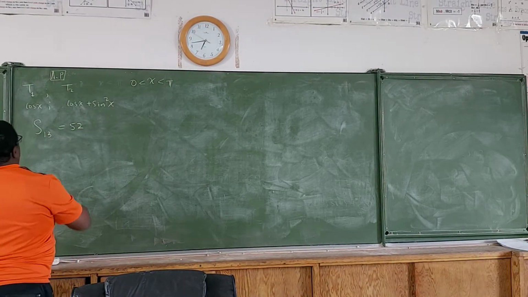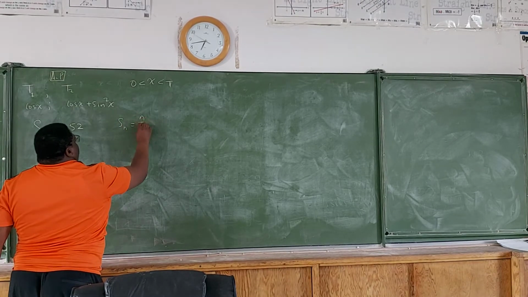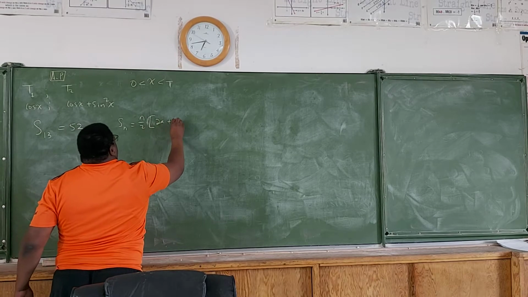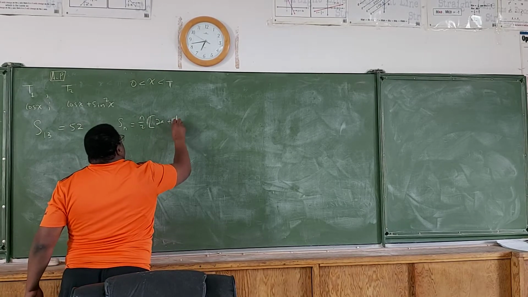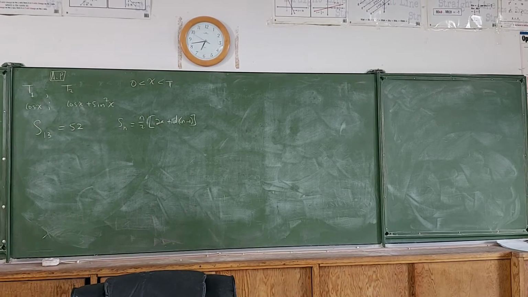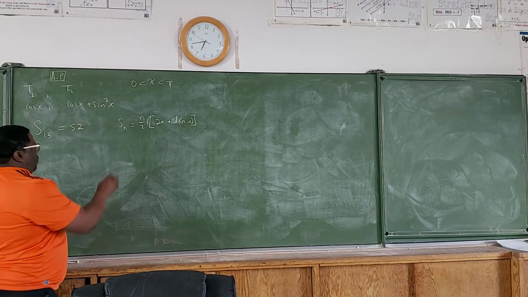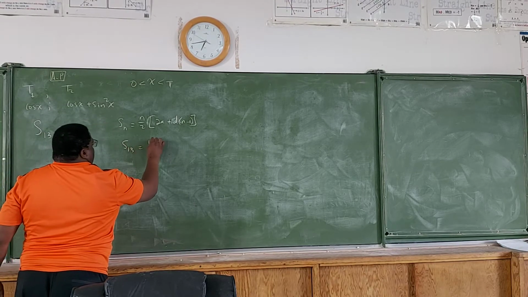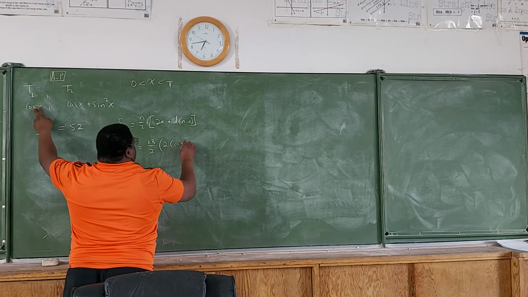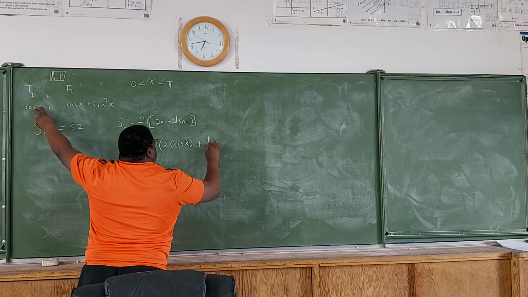Now, the S of n formula is n upon 2 times 2a plus n minus 1 times d. If you were to complete that, S of 13 equals 13 upon 2 times our first term, cos x plus, the problem is the d.